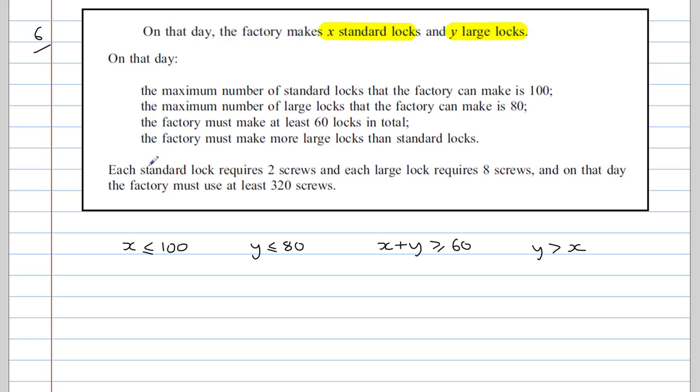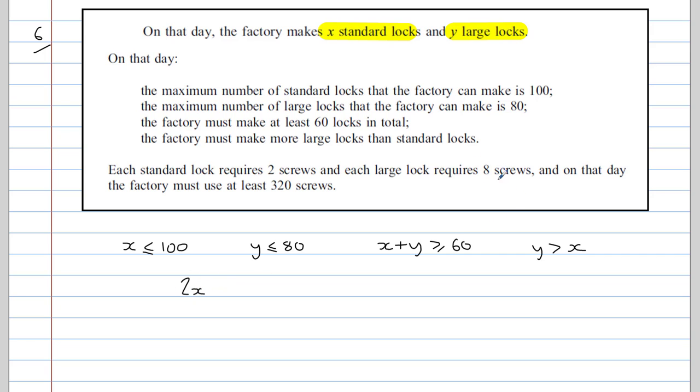For the final constraint, we're told each standard lock requires 2 screws and each large lock requires 8 screws, and on that day, the factory must use at least 320 screws. If each standard lock requires 2 screws, then to make all of the standard locks we would need 2 multiplied by X screws.